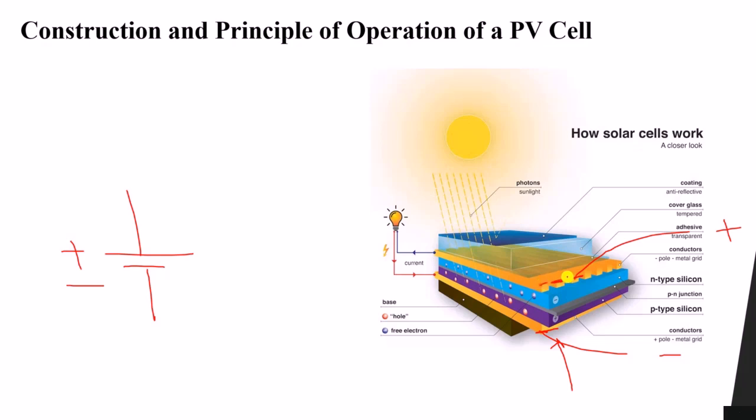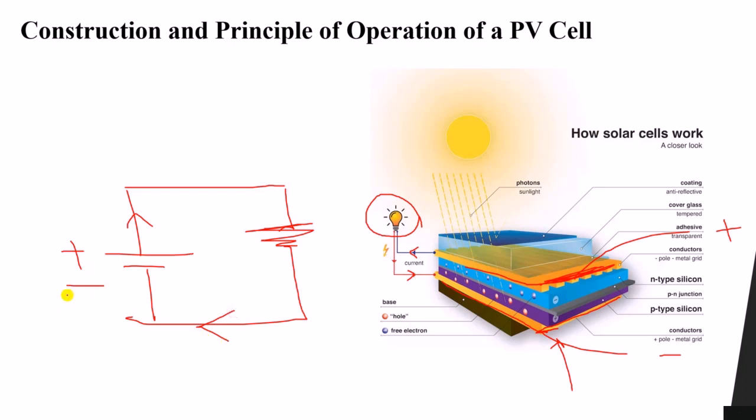So we have here a metal layer for the negative or positive, and another layer for the positive or negative. So when we connect an electrical bulb or any load, we will have current going from the positive to the load, such as a bulb, and getting back to the negative.